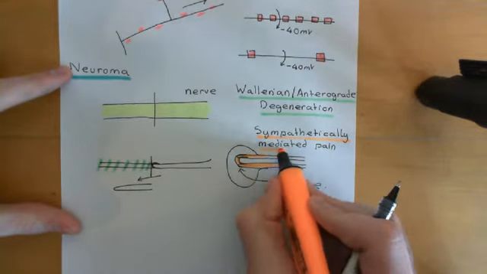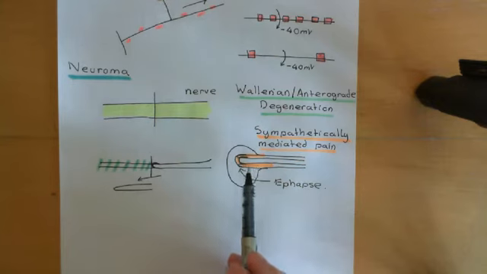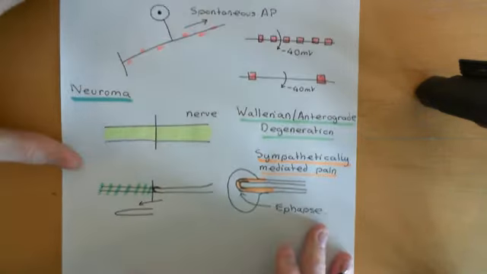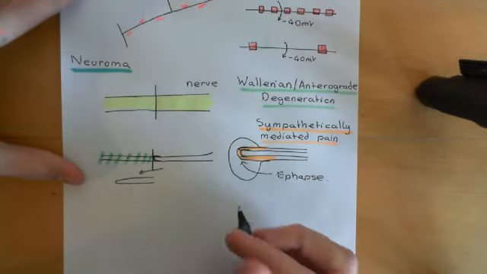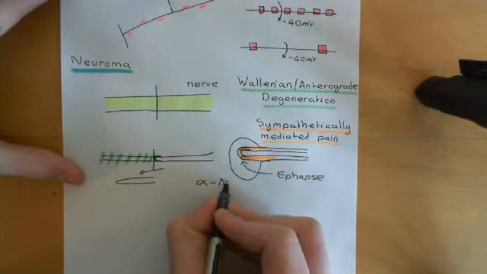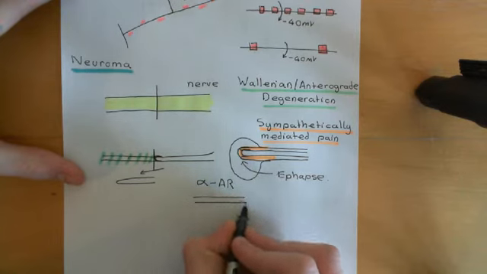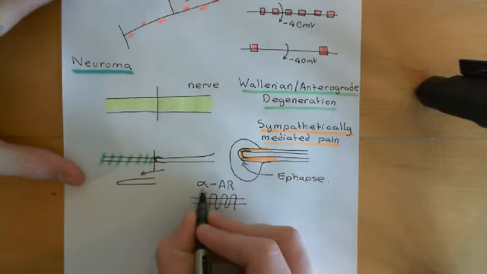The other thing that occurs is that damaged neurons, damaged primary nociceptive afferents, have a tendency not just to overexpress NaV1.3, but also to start aberrantly expressing receptors for noradrenaline, specifically alpha adrenoreceptors, which again are G protein coupled receptors with the characteristic seven membrane spanning alpha helix structure.